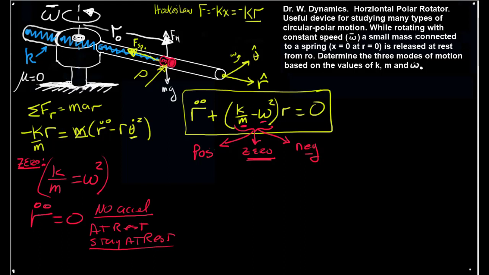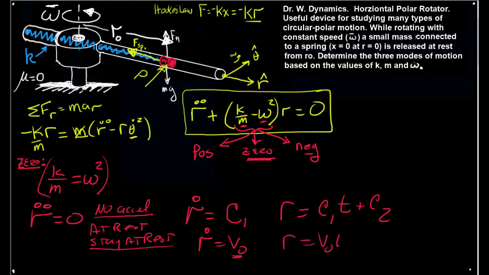Interestingly, if we were to integrate this, we could find r dot as some constant c1 and r as c1 t plus c2. We'll recognize r dot is just v, so r dot would be some v0 if it had it, and r would be v0 t plus r0.